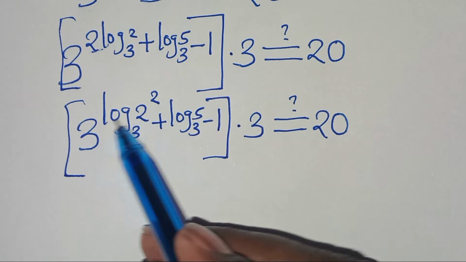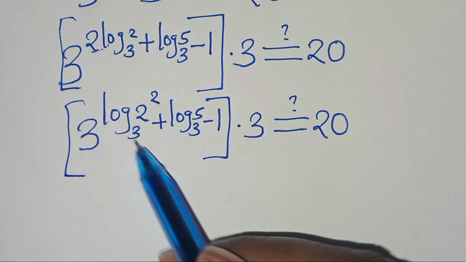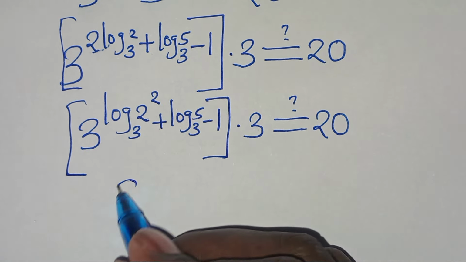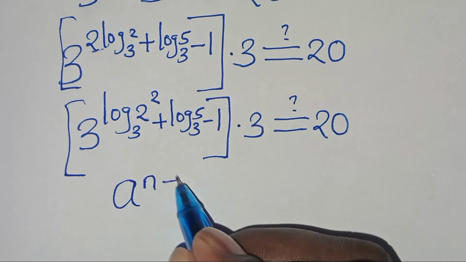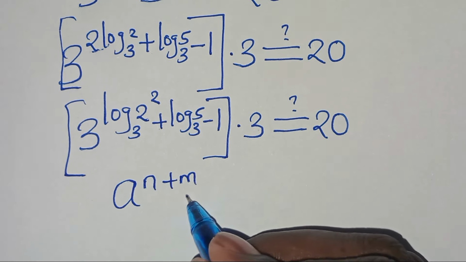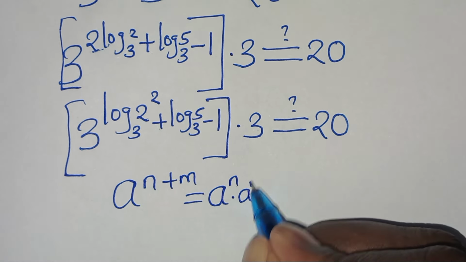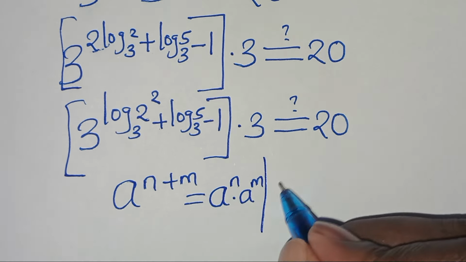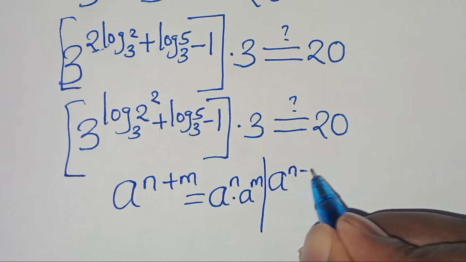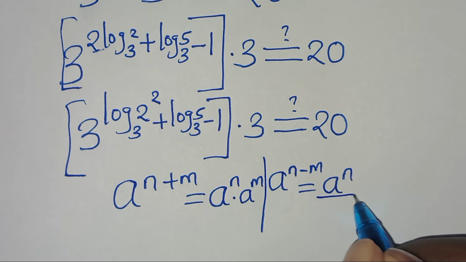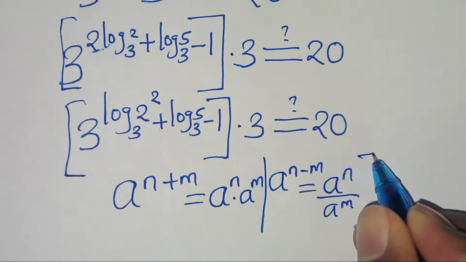Now, 3 to the power of log 2 to the power of 2 to base 3, plus log 5 to base 3 minus 1. This is in the form of a to the power of n plus m, which we can express as a to the power of n times a to the power of m. This is also in the form of a to the power of n minus m, which can be expressed as a to the power of n divided by a to the power of m.